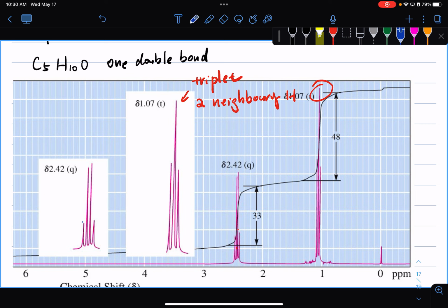And then if I look at the peak that's more deshielded, what we have, this one is a quartet. Again, when we're looking at whether it's a quartet, we count the peak here, right? 1, 2, 3, 4. It makes it a quartet. So what a quartet tells us, we have 3 neighboring hydrogens.